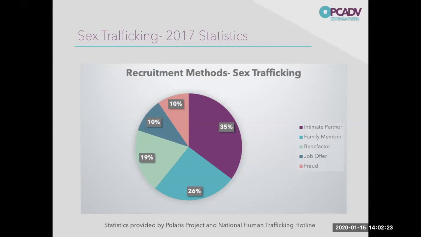So that trafficking survivor may identify their trafficker as their partner, as their boyfriend, as their husband, as a romantic interest. But what we know is that that trafficker doesn't see themselves that way. They see themselves as somebody who is maintaining control over a commodity. And they do that by creating that relationship.